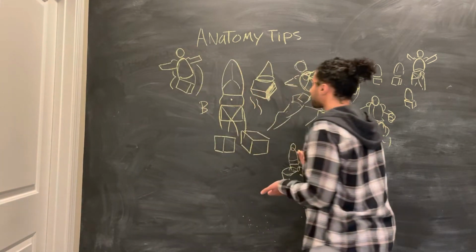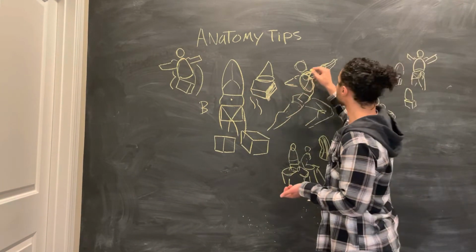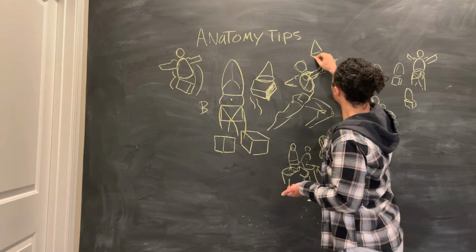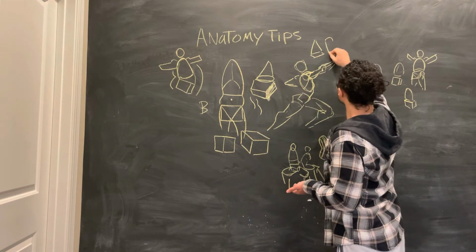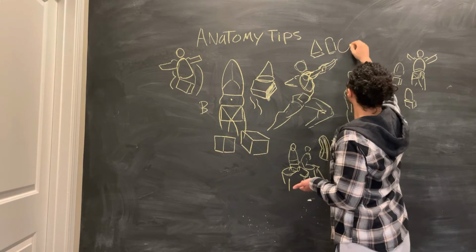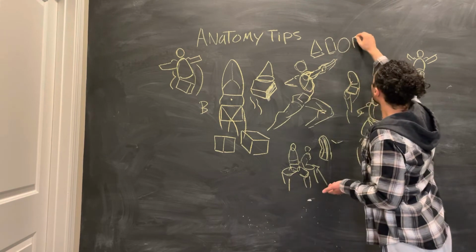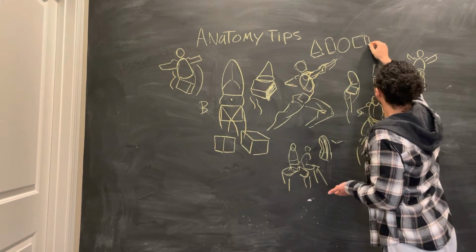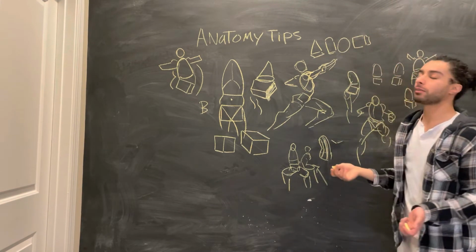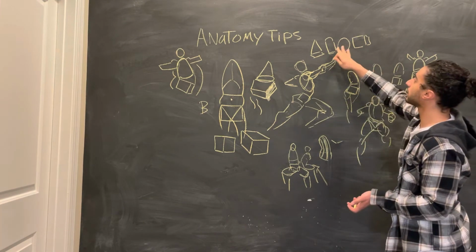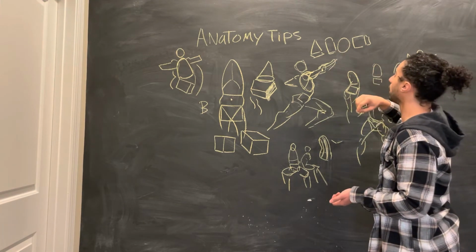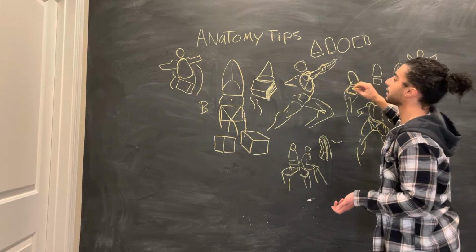I usually take simple shapes like this, like a pyramid, a cylinder, maybe a ball, and a cube, and play with stacking them on top of each other. If you can play with these and put them in whatever perspective you want, you can pretty much do anything.